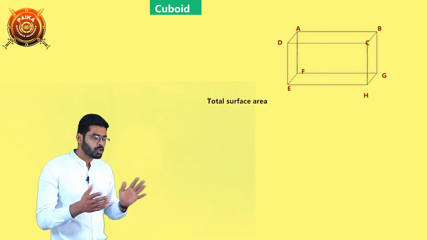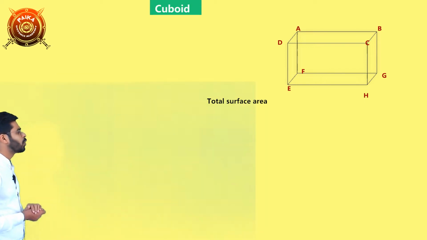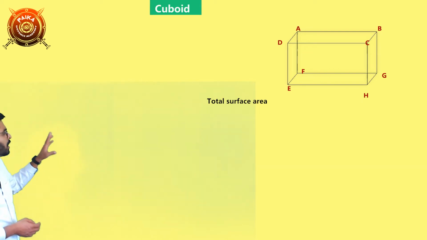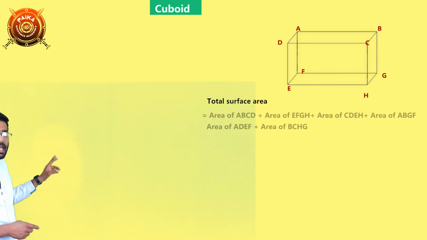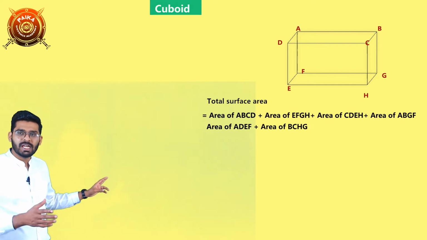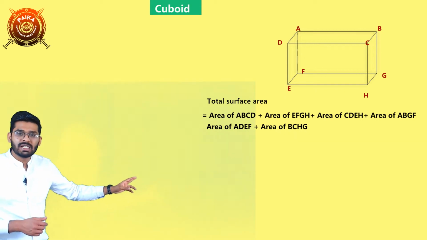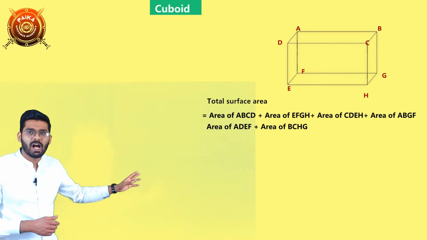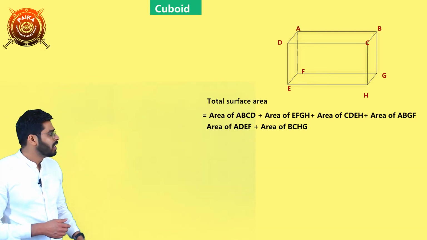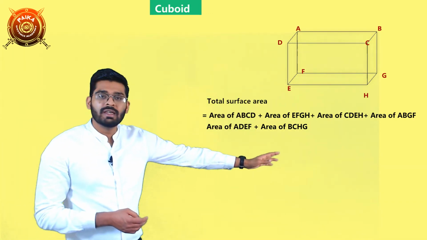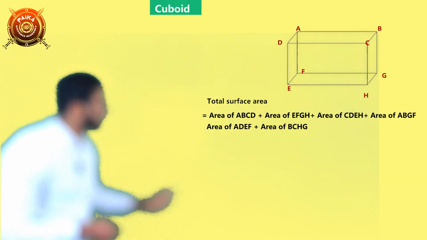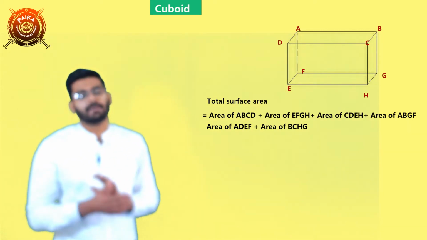That is, area of ABCD plus area of EFGH plus area of CDEH plus area of ABGF plus area of ADEF plus area of BCHG. You have to find the area of these 6 rectangular faces and add them.